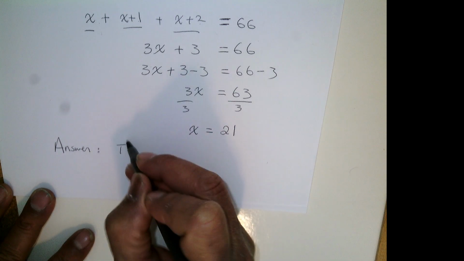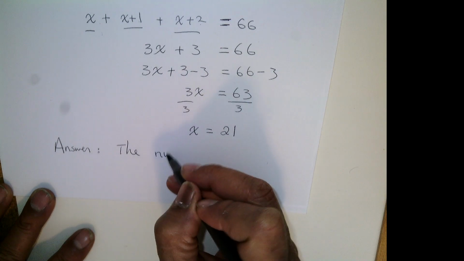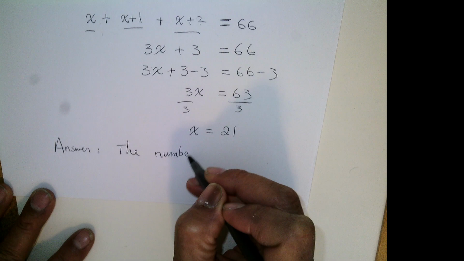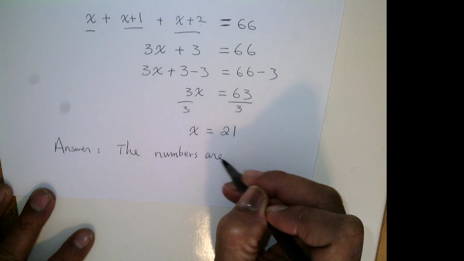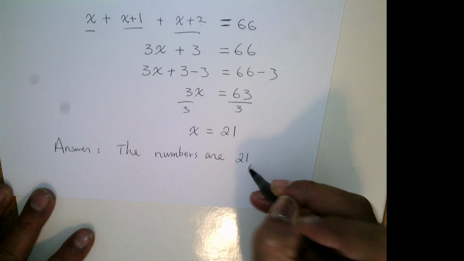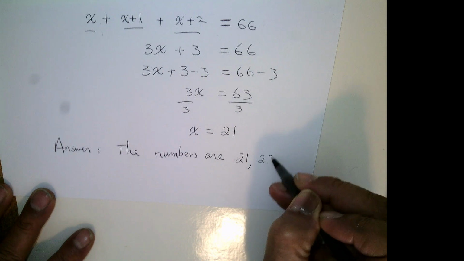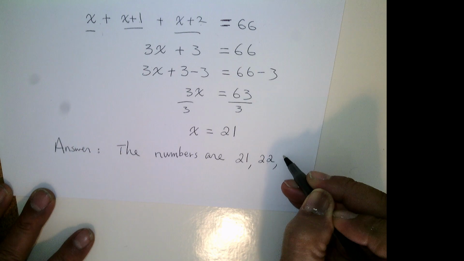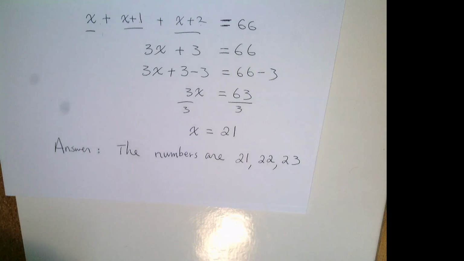You say the numbers are 21, 22, 23. Okay? And then you know these 3 numbers added up equal 66. So the 4 steps.